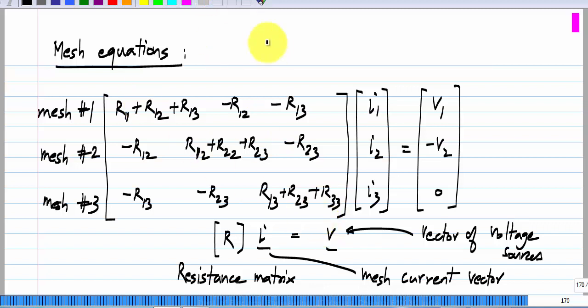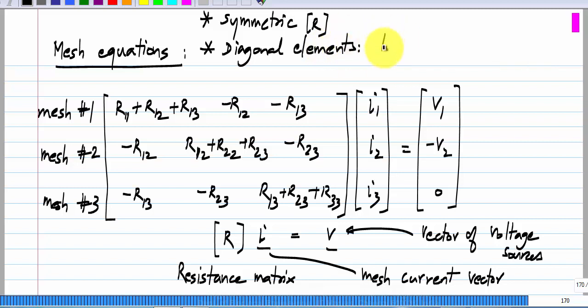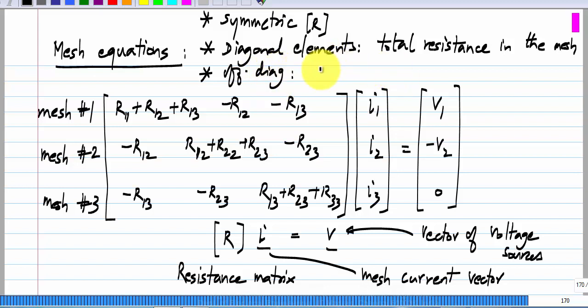We have a symmetric resistance matrix, and the diagonal elements correspond to the total resistance in the mesh, and the off diagonal, it's the negative of the resistance common to the corresponding meshes.